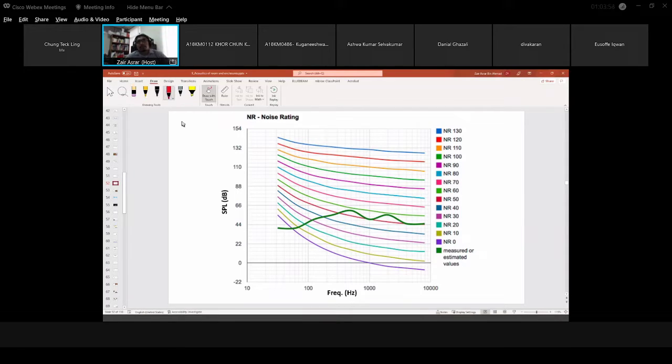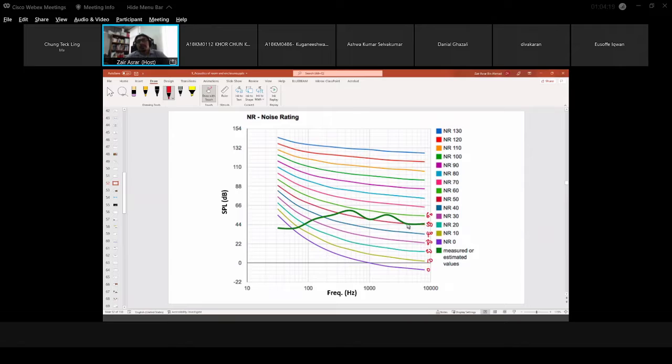Based on the values here, this is 0, then you have 10, 20, 30, 40, this is the NR 50 line, and here is the NR 60 line. You can see that at some frequencies, sound pressure level is higher than the NR 50 line, but all of them are lower than the NR 60 line.